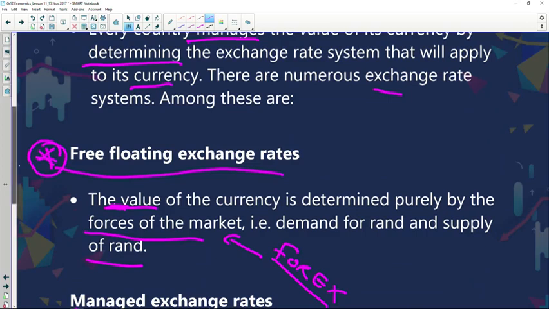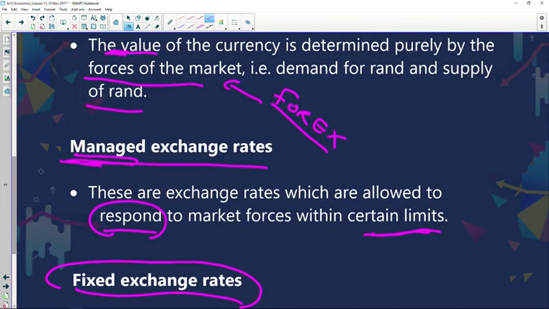And then we've got the managed exchange rate, which is more controlled because the response to the market forces is allowed only to a certain extent or to a certain limit, and therefore this market is very well managed because you control the response and it must be within certain limits.